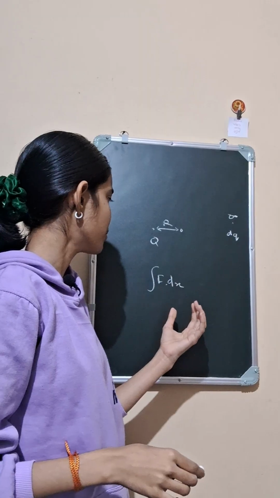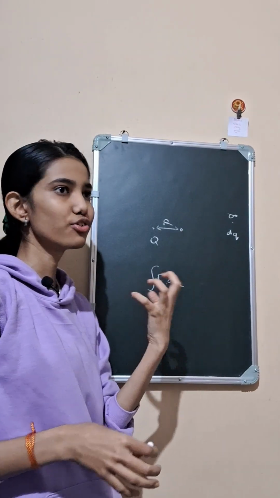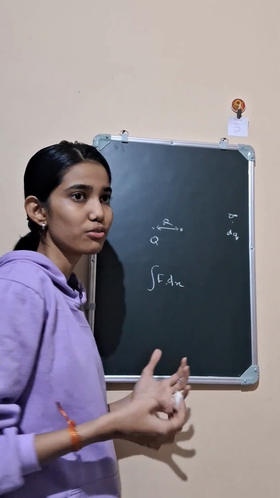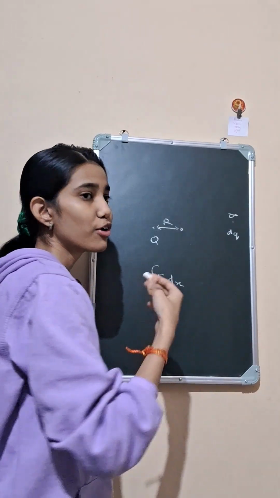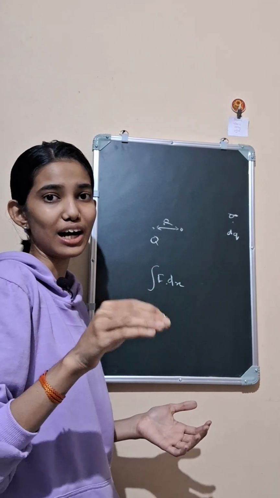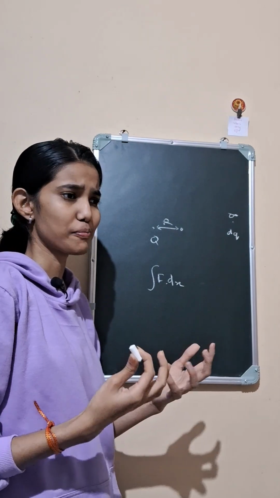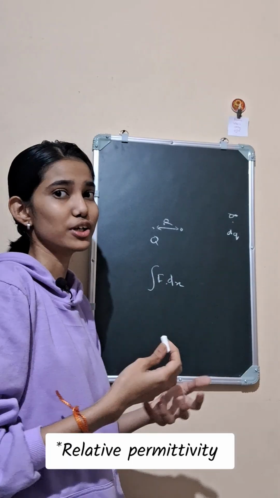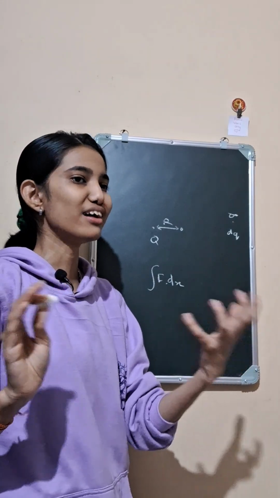Let us suppose here we have two charges. We know the formula of electrostatic force. What is the formula of electrostatic force? It is 1 by 4 pi epsilon naught q1 q2 by r square, multiplied with some permittivity if there is some other medium except vacuum.